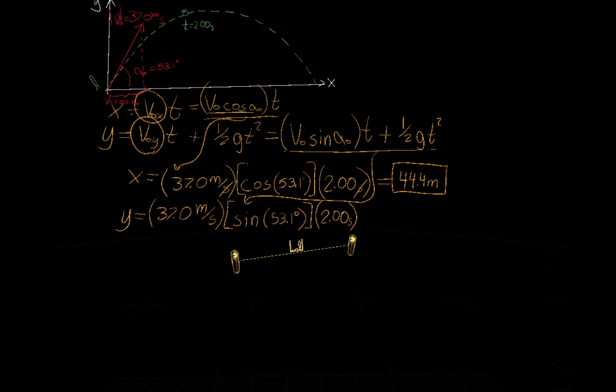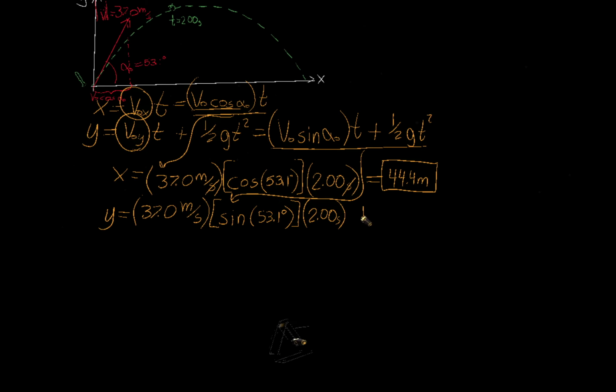And we have a little extra bit for y though. Plus 1/2 9.8. We'll use 9.80 so we don't cut off our sig figs because the rest have 3 sig figs. Meters per second squared times 2.00 seconds squared.